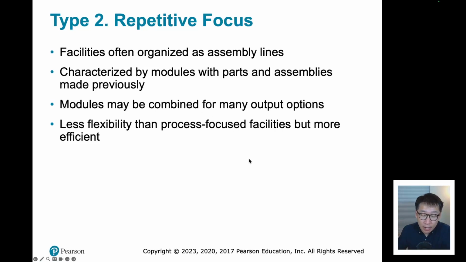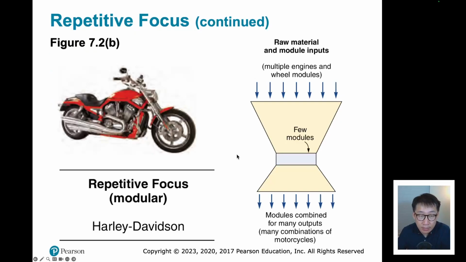One of the good examples we can use is the Harley-Davidson motorcycle. You can imagine that at the beginning of the assembly line, you have a lot of pre-assembled modules. Each product family or each product line may need to go through different assembly lines. Eventually, they leave the assembly lines in the form of different product families.